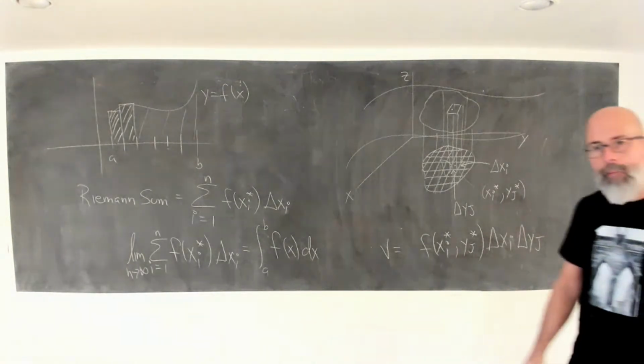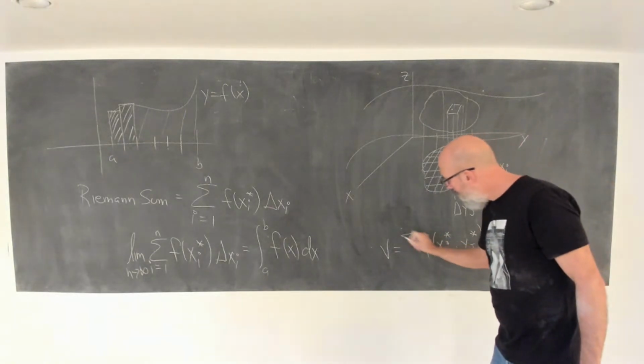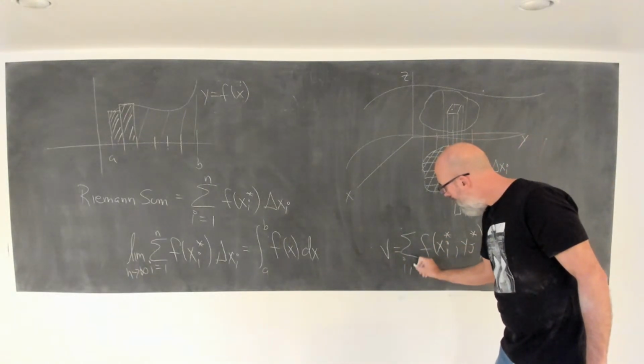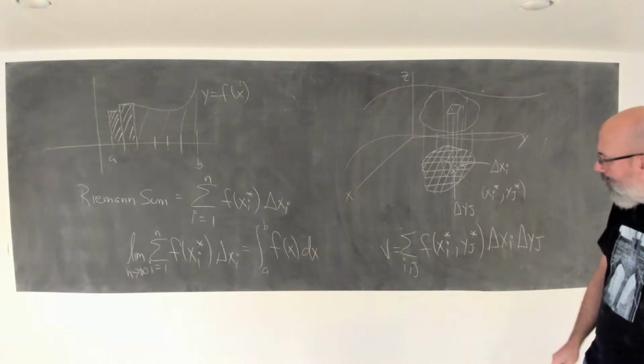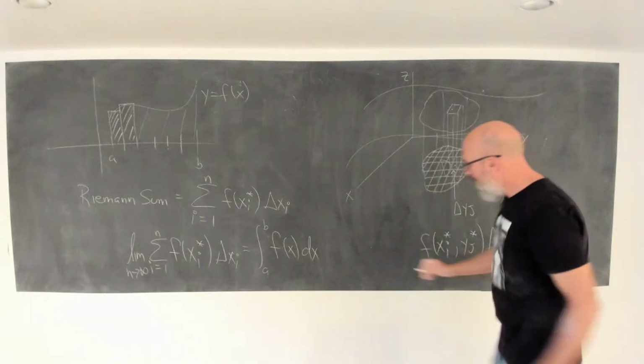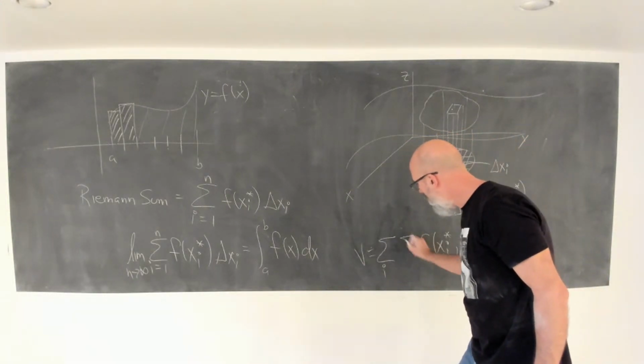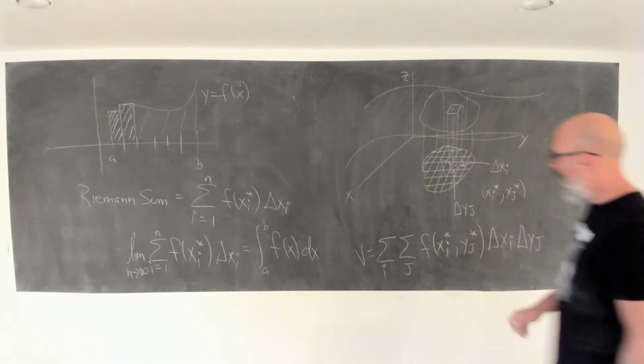That's the volume of one box. And you're going to add all of these boxes over i and j. Or, if you prefer, maybe a double sum over i and j.